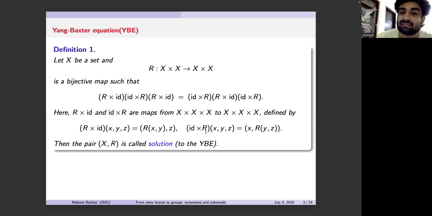And ID cross R is a map from X cube to X cube so that R acts on the last two components. If you have such a map, then we say that this is a solution of the Yang-Baxter equation. The equation arises from physics.